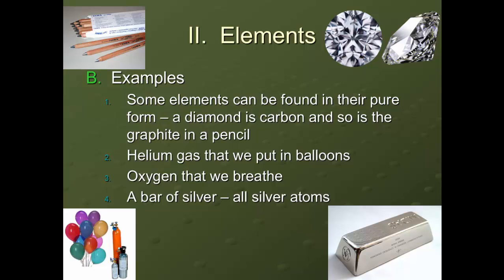So some examples of some elements. A diamond is made up of carbon that's built into this really beautiful lattice, and it becomes very strong because of how those carbons are connected, and carbon is a type of element. You could also take carbon and connect it in sheets, and when you connect it in sheets you get graphite, which is what is found in our pencils today.